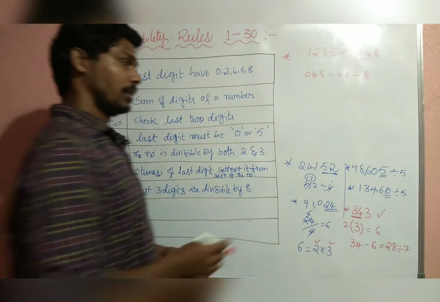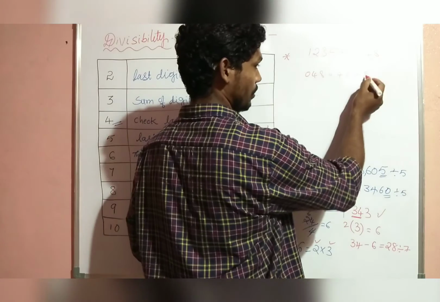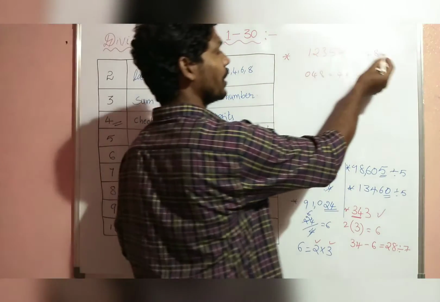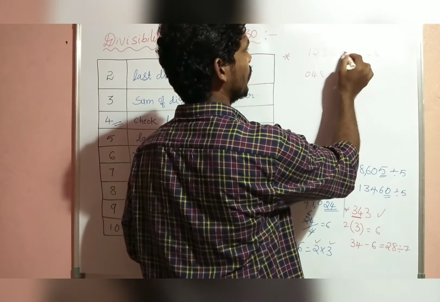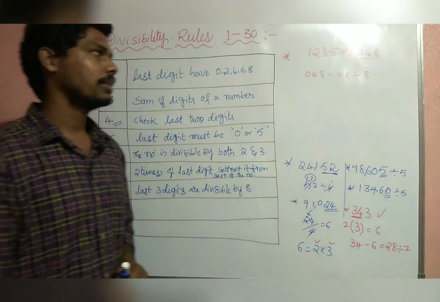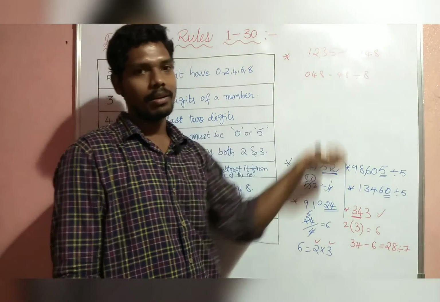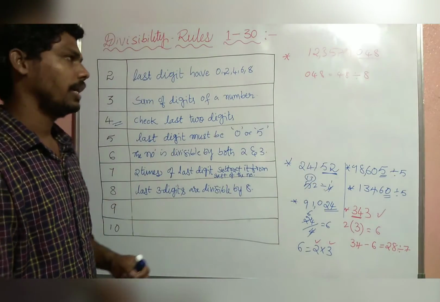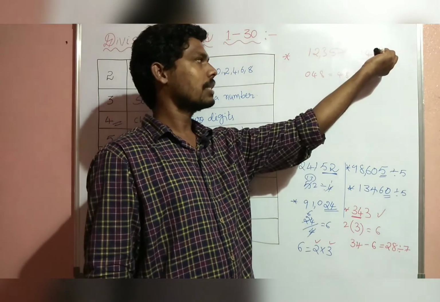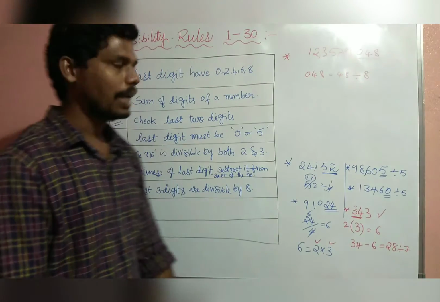Yes, definitely it is divisible. 8 sixes are 48. So the given number, 12 crore 35 lakhs 79,048, is also divisible by 8. Without doing the division, we can say directly by checking the last 3 digits that it is divisible by 8.